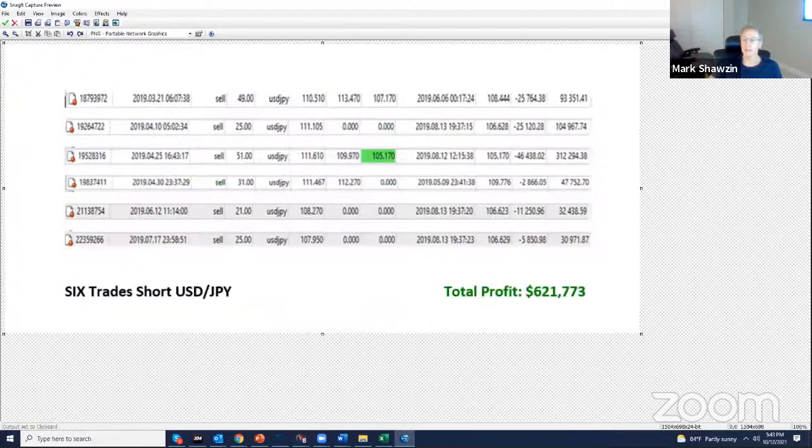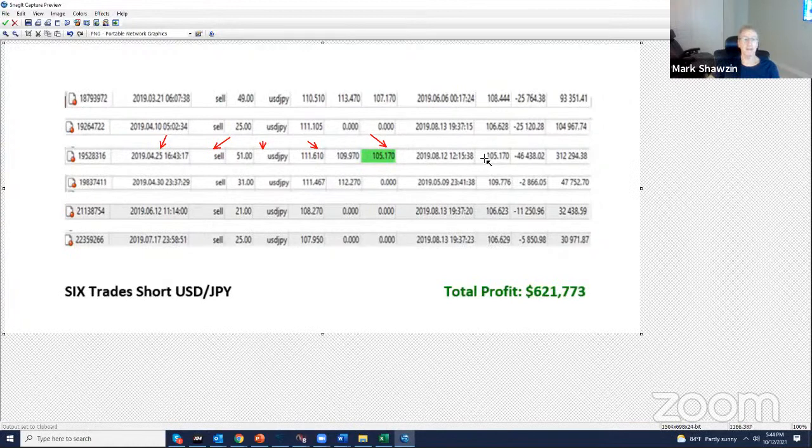So this was in the dollar yen. This trade went out on the prior Sunday. It was the 22nd or the 23rd, but it only got triggered on the 25th. And it was to sell the dollar yen at 111.61. And I got out 650 pips lower.